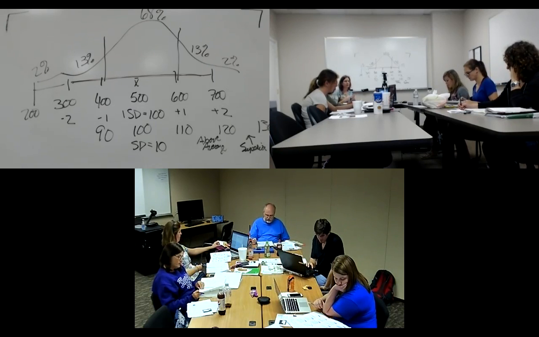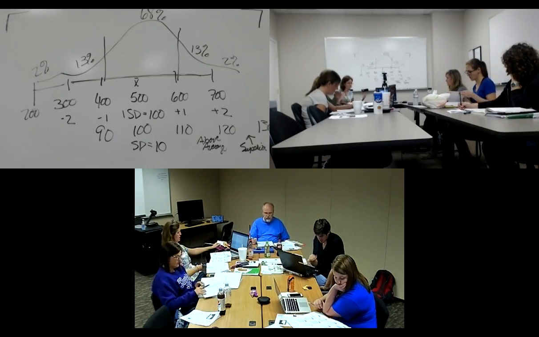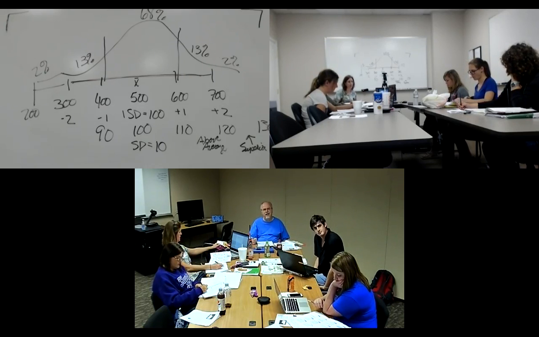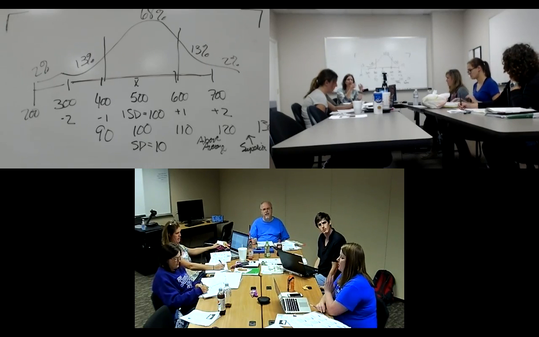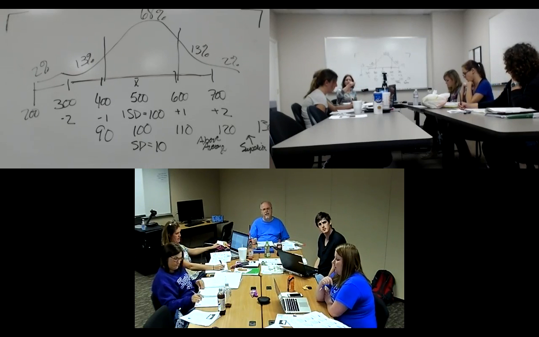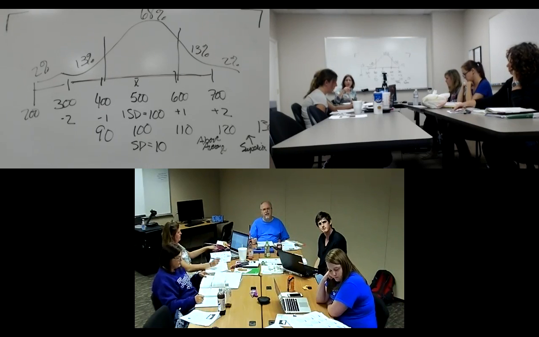Again, the relative frequency is that proportion of the whole that a particular score represents. And this is going to start taking us back a little bit to that concept of the area under the curve that we talked about a couple chapters ago.